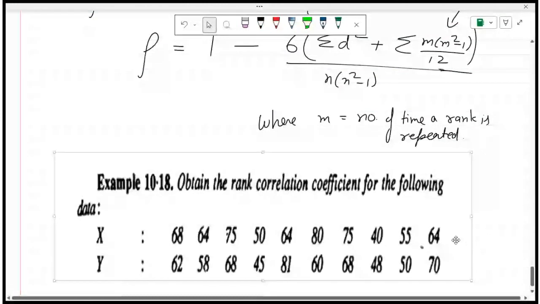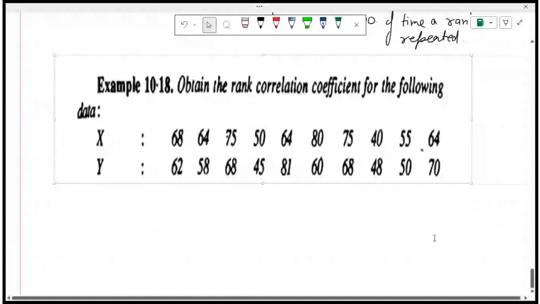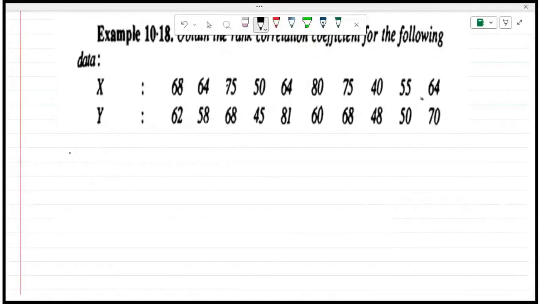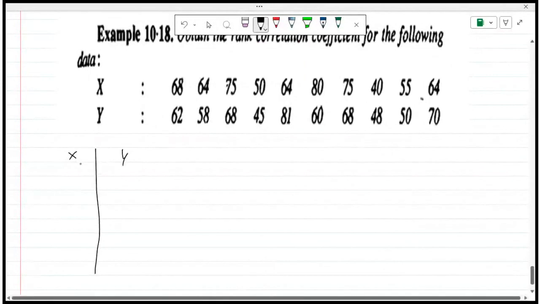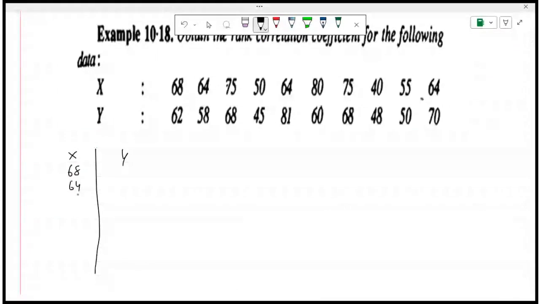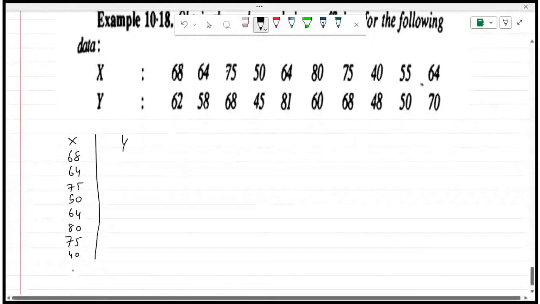Now the question is: obtain the rank correlation coefficient for the following data. In this we are given the data, we are not given the ranks. So first of all we will write the data. The x values are 68, 64, 75, 50, 64, 80, 75, 40, 55 and 64.